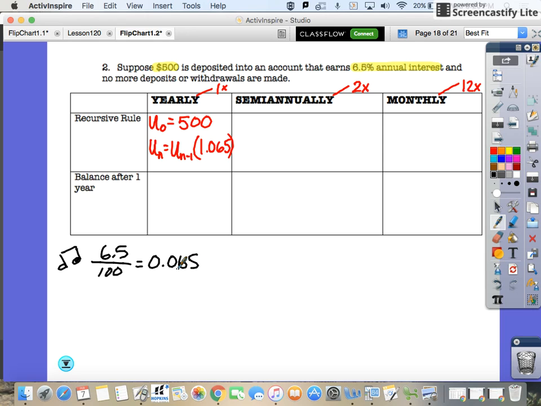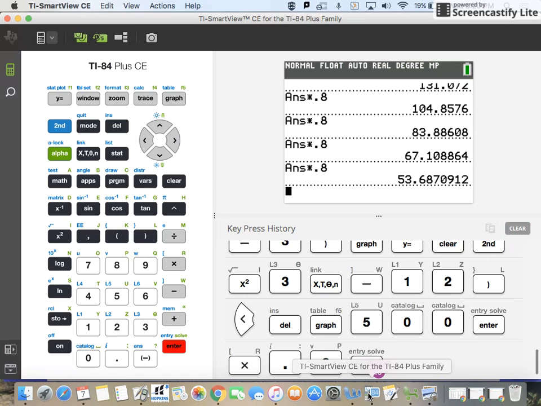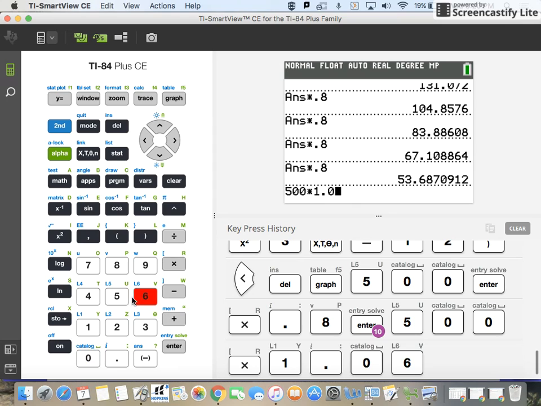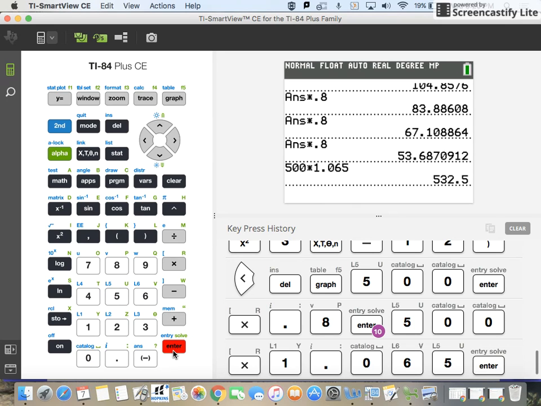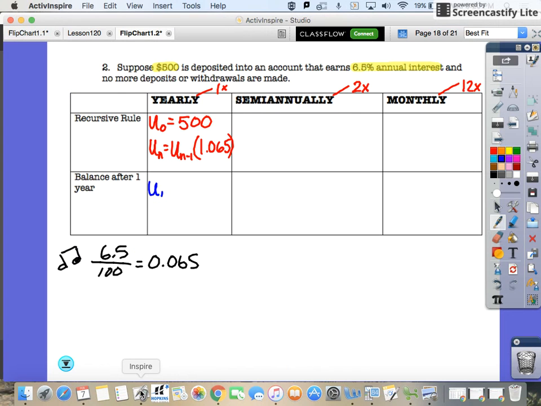If you add that to 100%, you get 1.065. To find your balance after 1 year, you go u sub 1. You take 500 times 1.065, hit enter, and we're looking at 532.50.